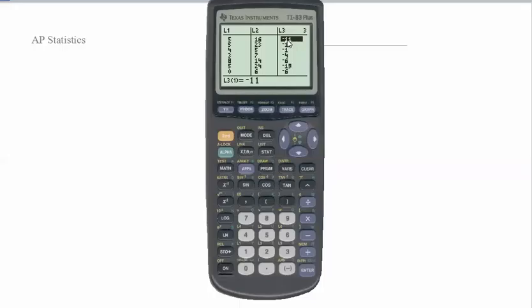The difference L1 minus L2 is in column 3, in my list 3, and I have plotted the histogram and the box plot. We can see that the distribution is roughly symmetrical and there are no outliers.